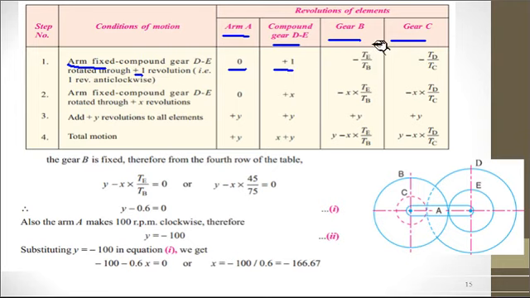Then we need to evaluate the gear B speed. How do we evaluate it? That is a question for you. For that we have the speed ratio formula. Going back to the previous videos, we know that speed ratio is equal to speed of driver by speed of driven, which is equal to teeth on driven by teeth on driver.